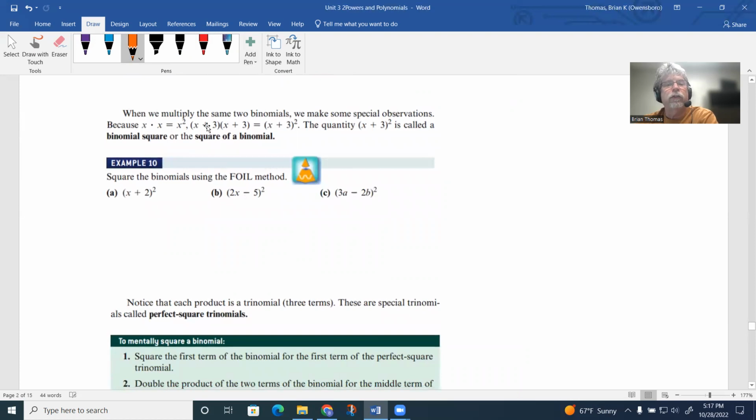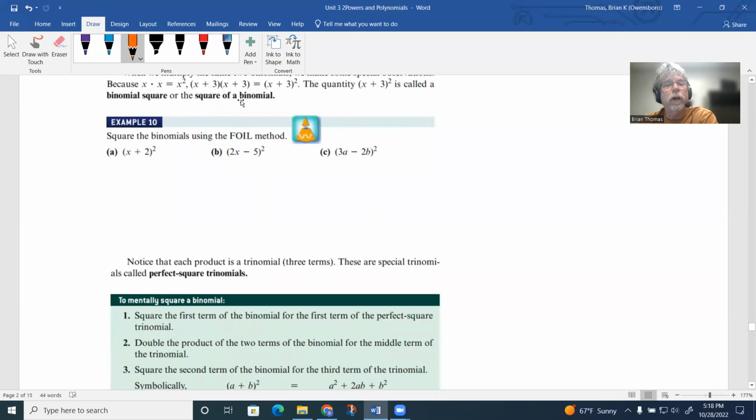The other one we pick up on is if you have x plus 3 times x plus 3, this is described as x plus 3 squared. So these are interchangeable. This is what we call a square of a binomial. Remember, binomial means 2. So if we have a binomial squared, notice how we can work this out as x plus 2 times x plus 2.